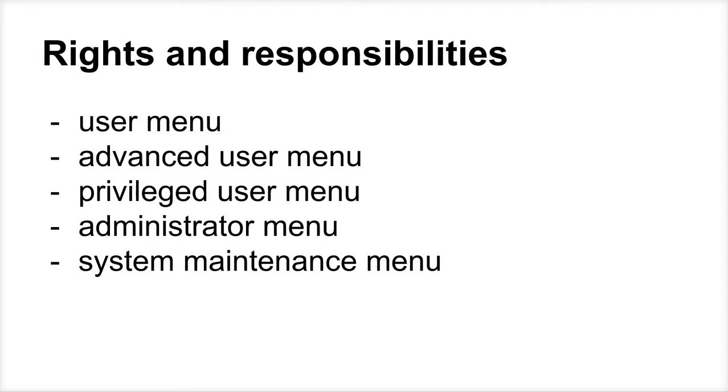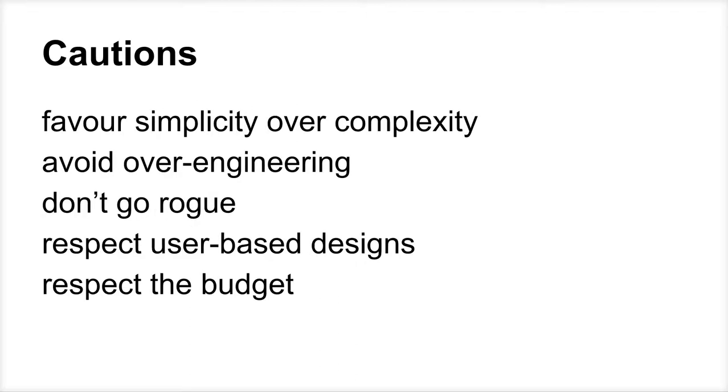Another way of addressing this is to have a review of menus in relation to the responsibilities that the various user groups will have in respect of your application. So re-examine the user menu, advanced user menu, possibly a privileged user menu, and obviously the administrator and system maintenance menu, which tend to be separate things.